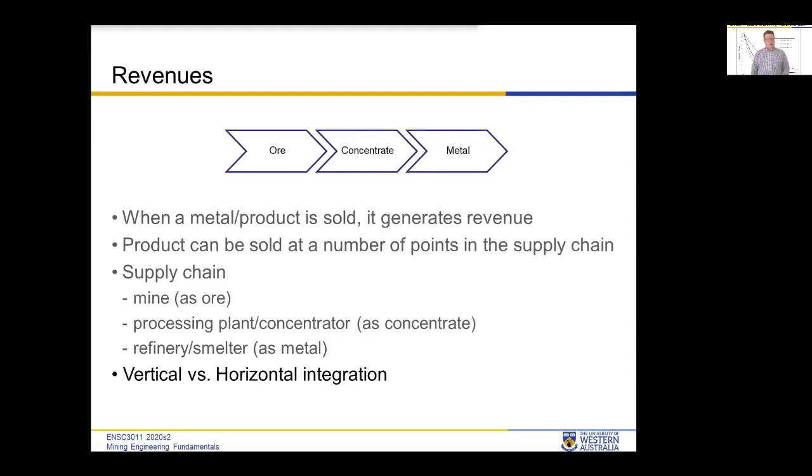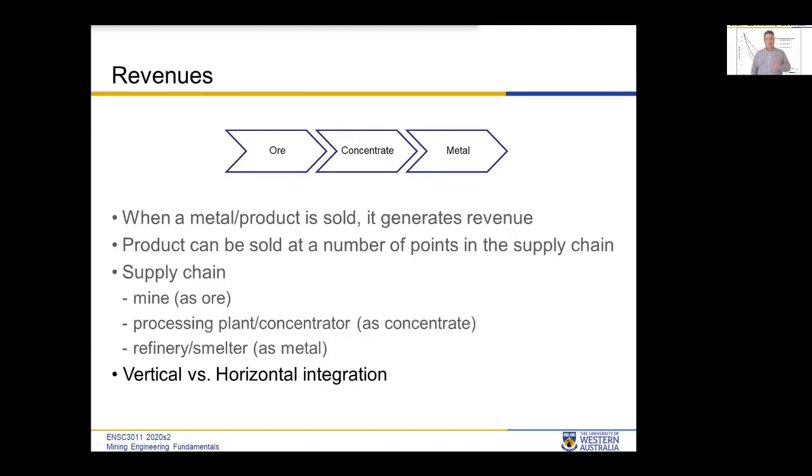Now vertical versus horizontal integration, although it's displayed horizontally in this diagram: if you own the mine, own the concentrator, own the smelter, own the refining, and sell the metal bars, that's called vertical integration through the whole operation. Even more so if you then produce the jewellery or the batteries or whatever, so it's sold to the end customer, arguably.